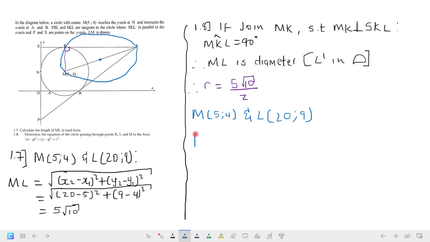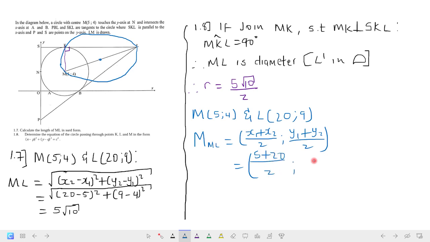The midpoint of ML is going to be (x1 plus x2) over 2, and (y1 plus y2) over 2. So let's substitute there. It's going to be (5 plus 20) over 2, (4 plus 9) over 2, and this gives us (25 over 2, 13 over 2).